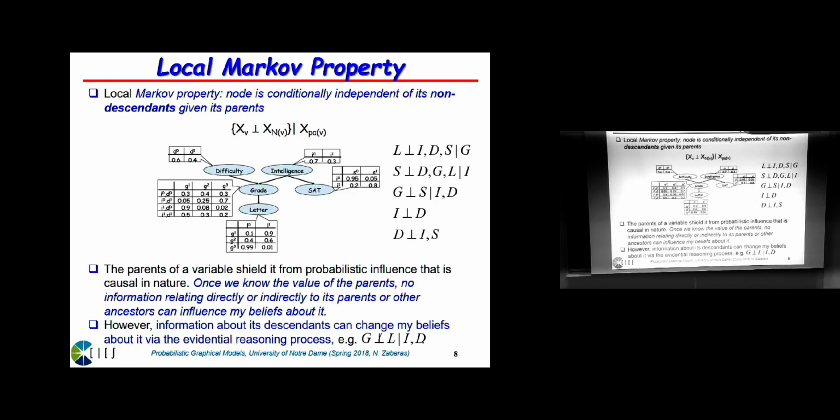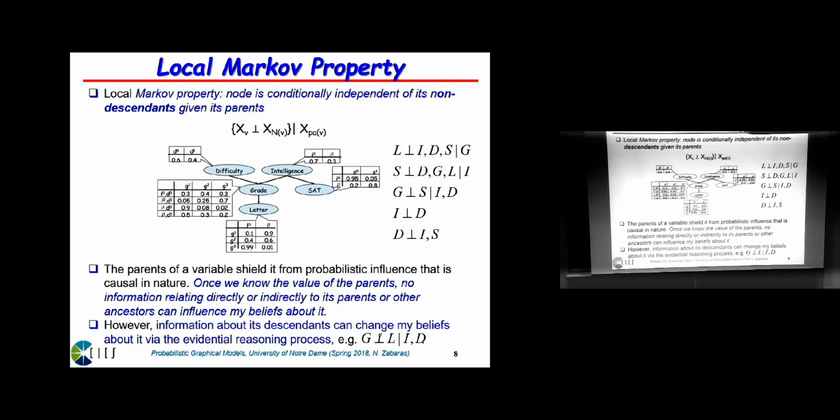I'm not saying the ancestors, I'm saying the non-descendants. Which set is bigger, the ancestors or the non-descendants? The non-descendants is bigger, right?